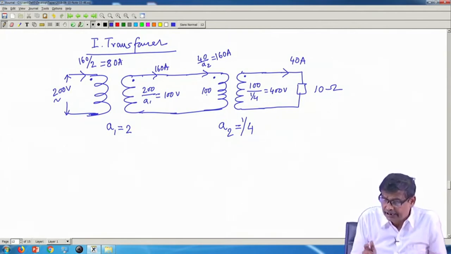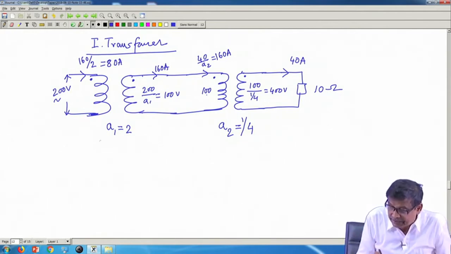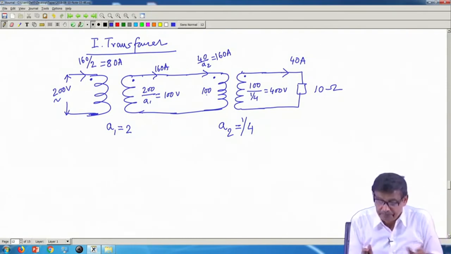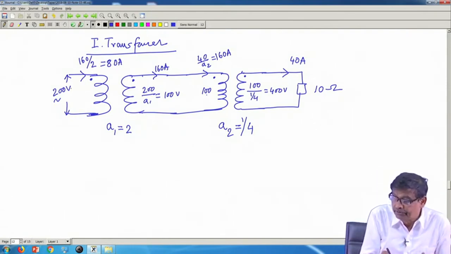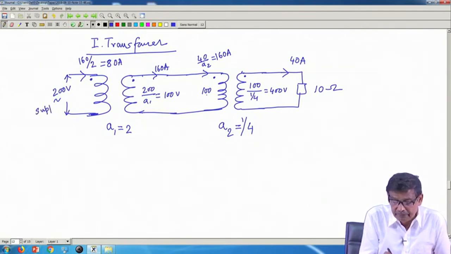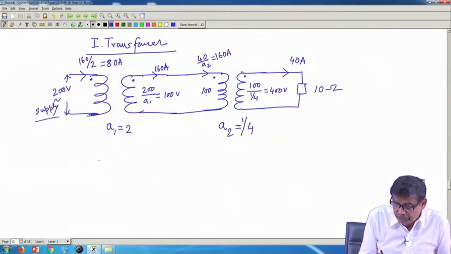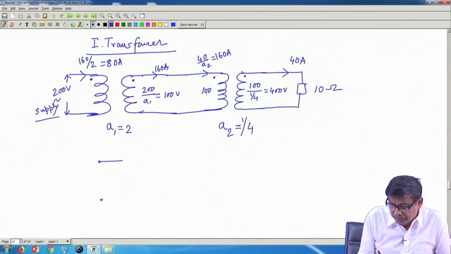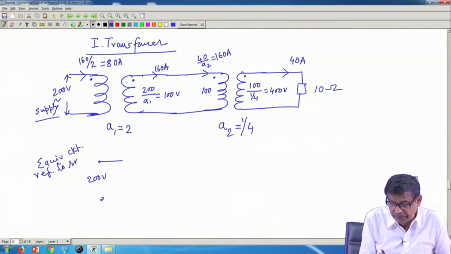Now, what I am telling is, the equivalent circuit of this whole system with respect to this, the only source, supply. So, this is 200 volt, equivalent circuit referred to source.